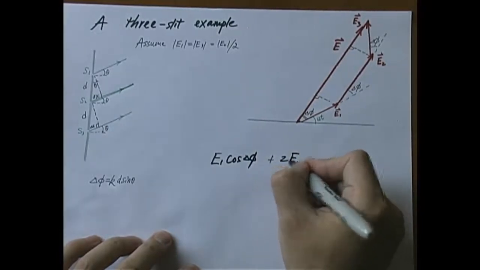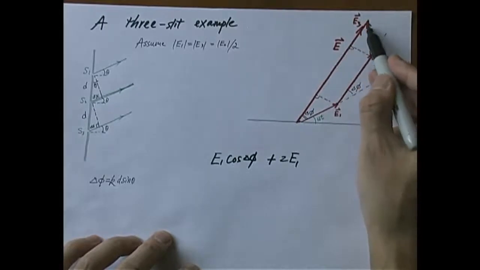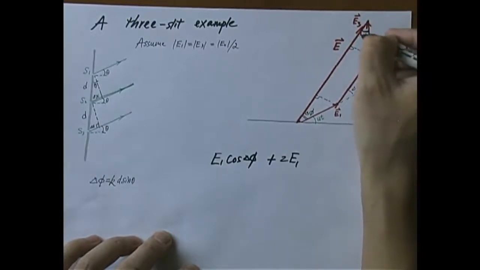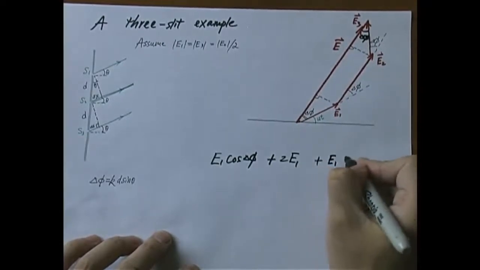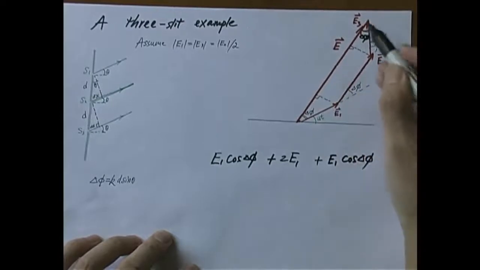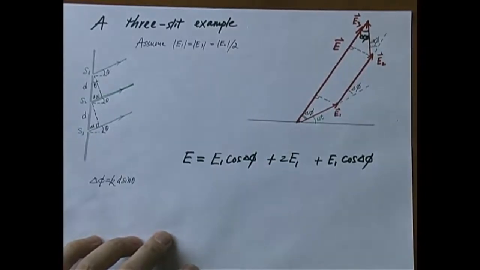And then what about between here and there? This length is also E1, and there's another cosine delta phi, because this is also delta phi. So you just add another term, E1 cosine delta phi. 1, 2, 3. Add them all together. That is E, the amplitude of the resultant phasor.